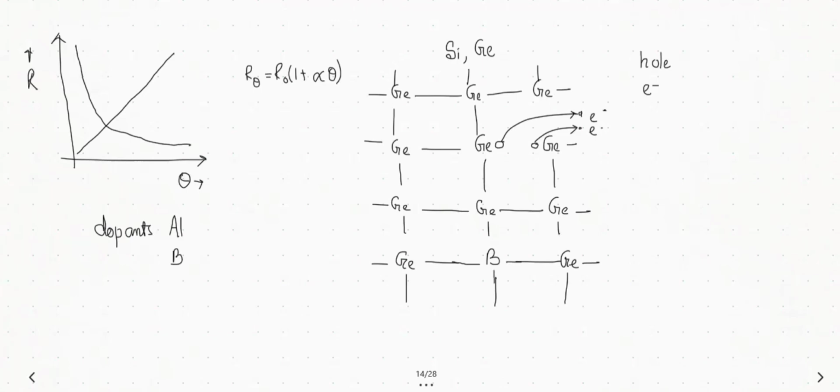Plus one electron is left. This is bound to that particular boron, and is not creating a covalent bond with the other germaniums.